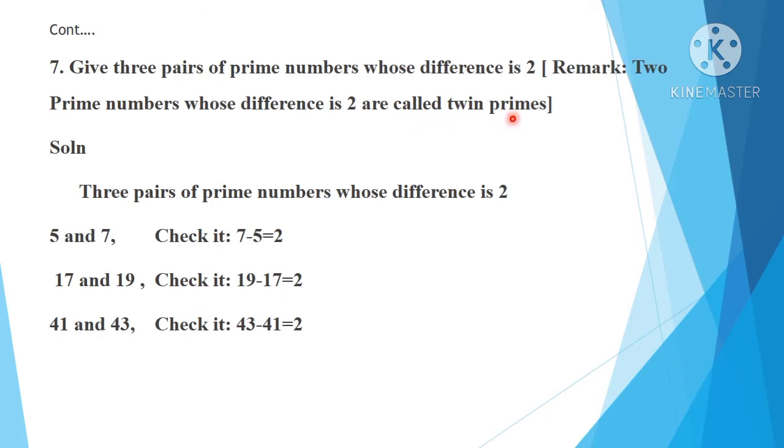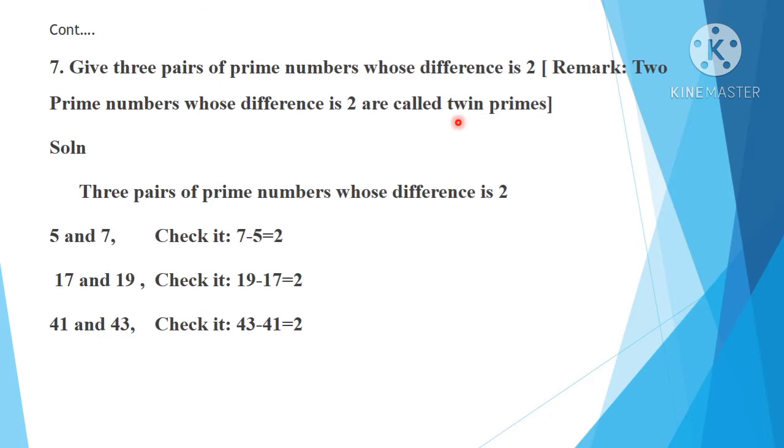This is a remark they have given in the question. So they can ask it as a 1 mark question: two prime numbers whose difference is 2 are called dash. Fill in the blanks. So when the difference of two prime numbers is 2, they are called twin primes. This you have to keep in mind, children.